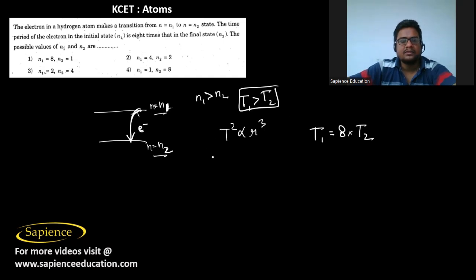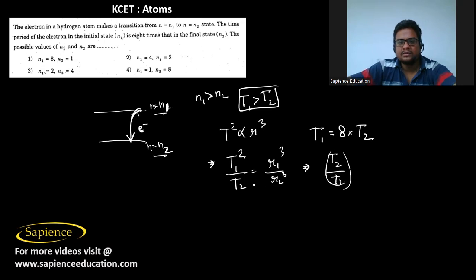Then the possible values of n1 and n2 are. So T1 square by T2 square is equal to R1 cube by R2 cube. Therefore, T1 by T2 whole square is equal to R1 by R2 whole cube.